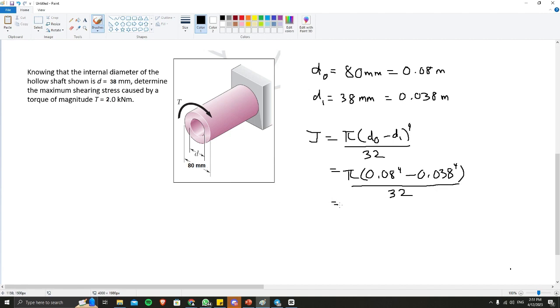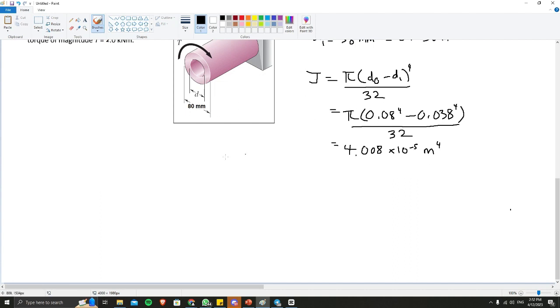That gives us a final answer of 4.008 times 10 to the power of negative 5, and since we converted it to meters, the unit will be meter to the fourth.